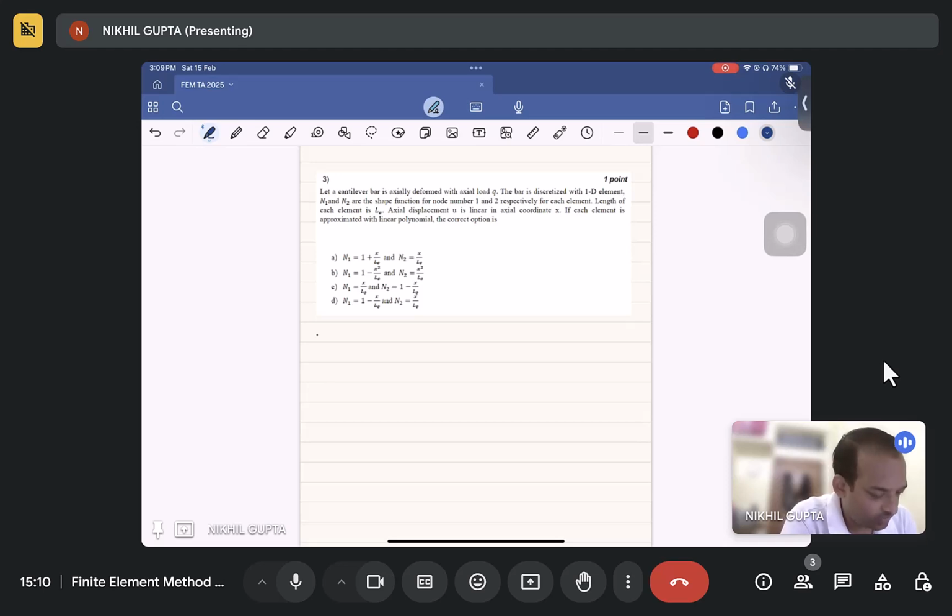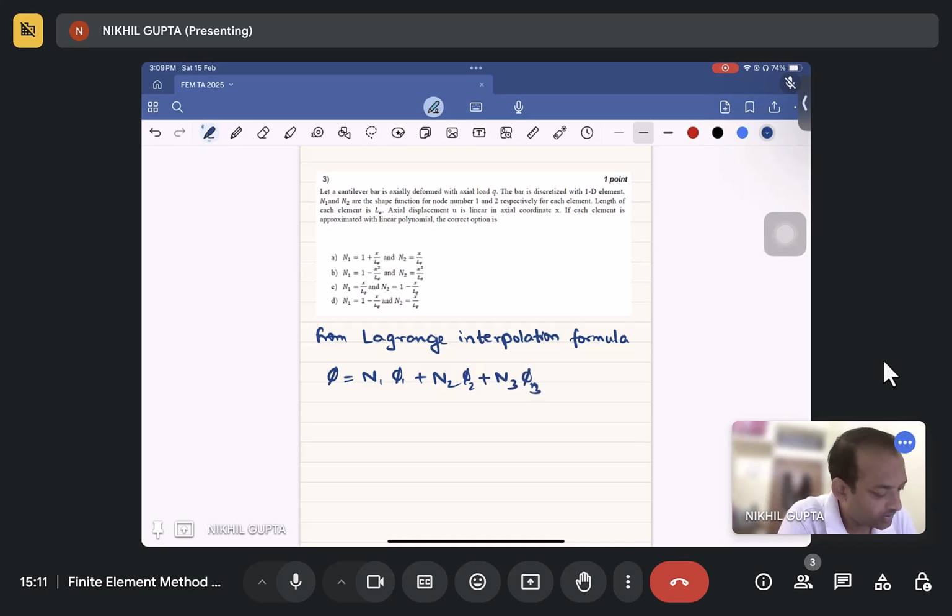So we know from the Lagrange interpolation formula, when phi is equal to N1 phi1, N2 phi2, N3 phi3, up to Nn phin.